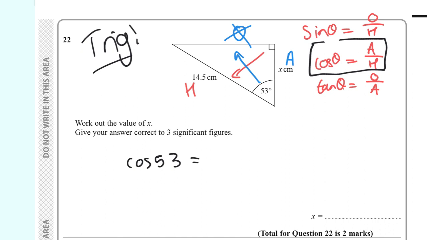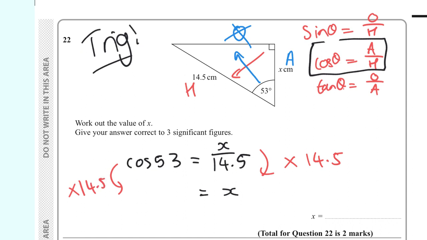It's equal to A on the top, which we don't know, X, and H on the bottom, which is 14.5. Okay, now to solve this equation, it's an equation now. We need X equals, okay, we're solving it. So at the moment we're dividing by 14.5. So we need to do the opposite, or the inverse of that, which is multiplying by 14.5.